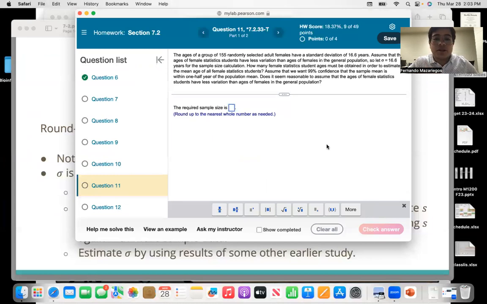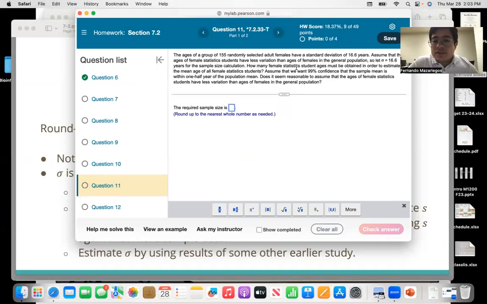Let's take a look at question 11. The ages of a group of 155 randomly selected adult females have a standard deviation of 16.6 years. Assume that the ages of female statistics students have less variation than ages of females in the general population. So let sigma equal 16.6 years for the sample size calculation.